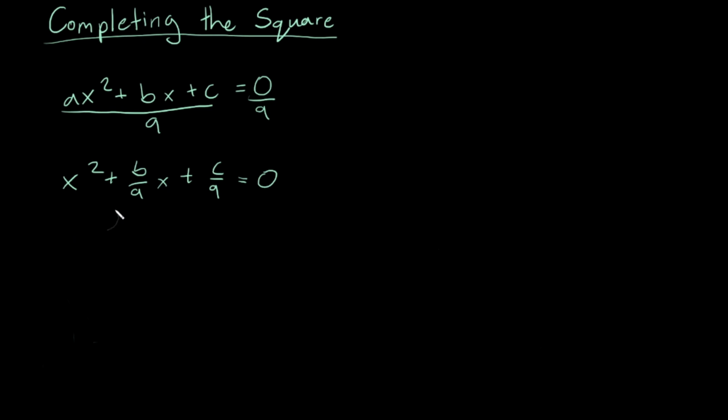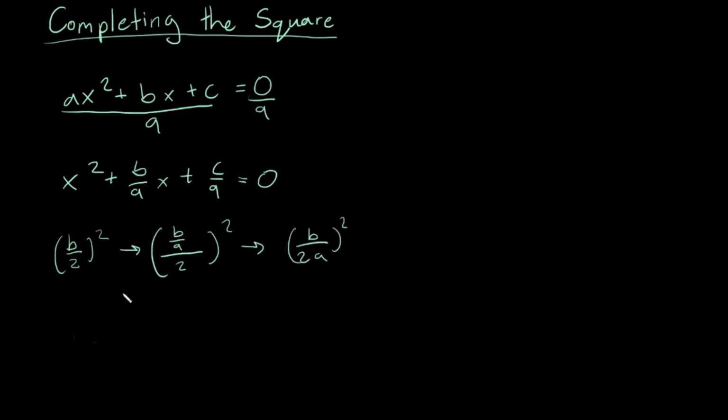Now we need to do what we did before with the value of c, which is equal to b over 2 squared. Since in this case b is actually b over a, we can write this as b over a over 2 squared. Now this a will just go into the denominator, so we can write this as b over 2a squared, which we can finally write as b squared over 4a squared.